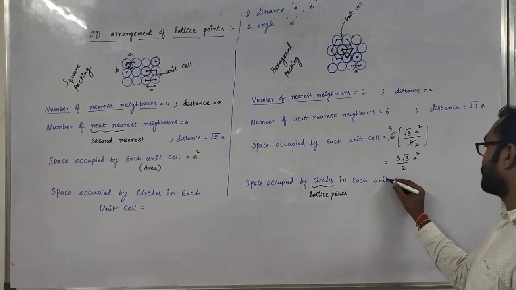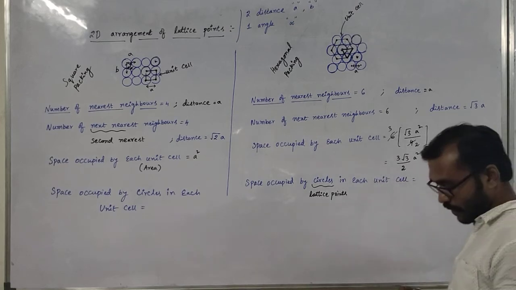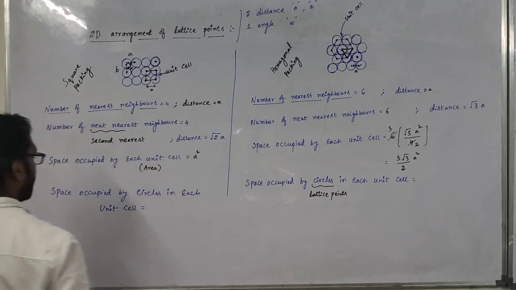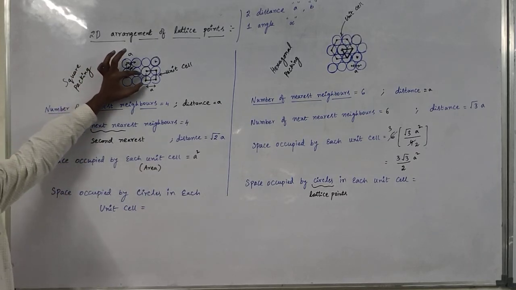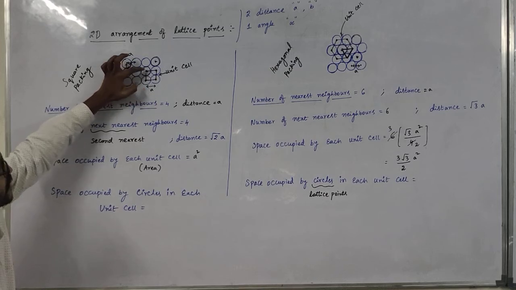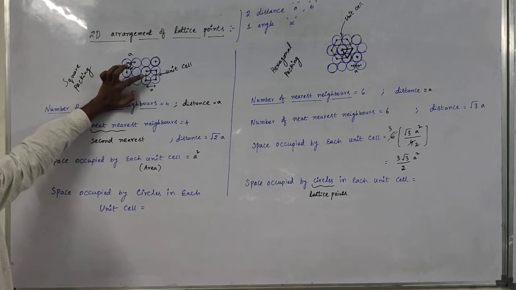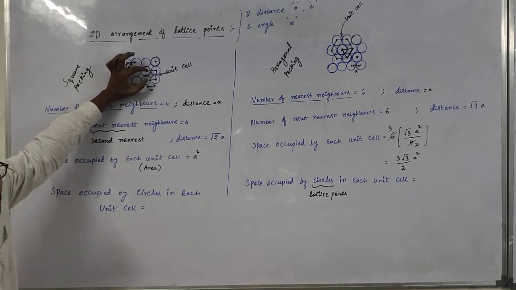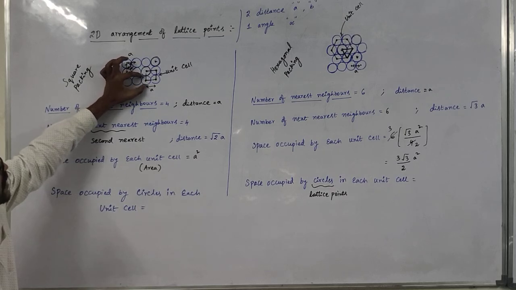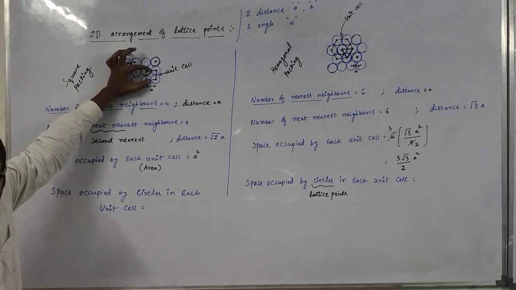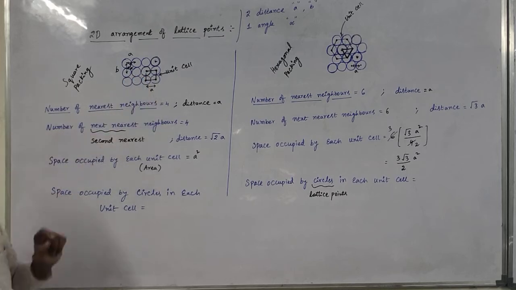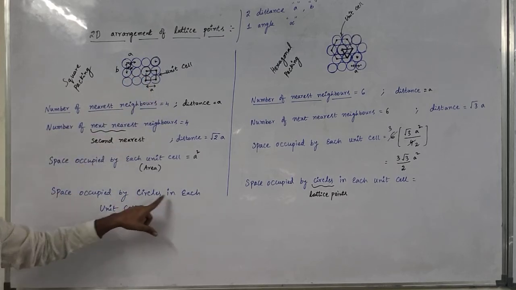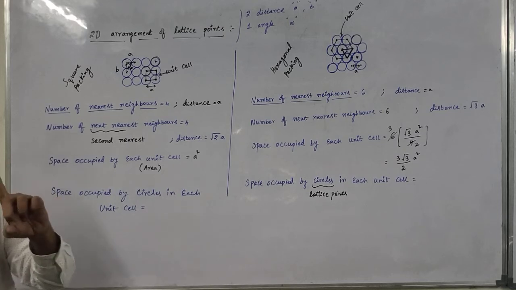What is the space occupied by circles? What is the share of each circle in each unit cell? 1/4. How many such 1/4s are there? 4. Means 1 circle.